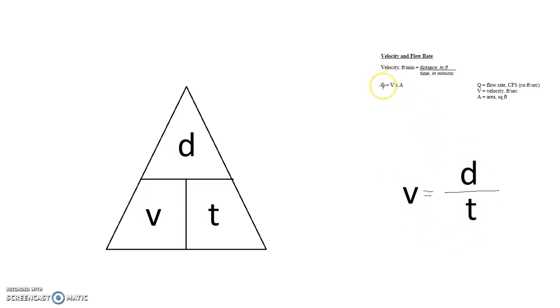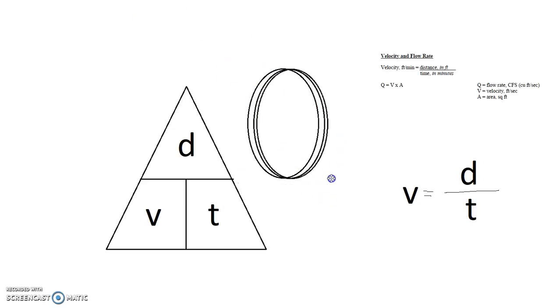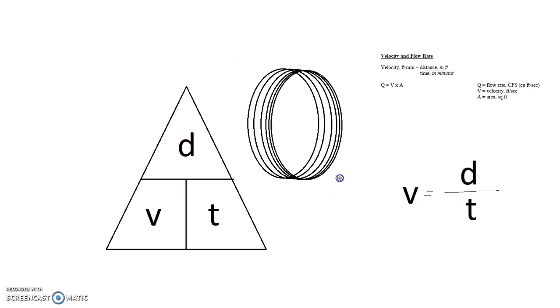When you have Q for flow rate, you're taking the velocity, as you see here, and you're multiplying it by the cross-sectional area. So you're literally dragging a volume of fluid, and you're dragging it through that area. So you're dragging that space.